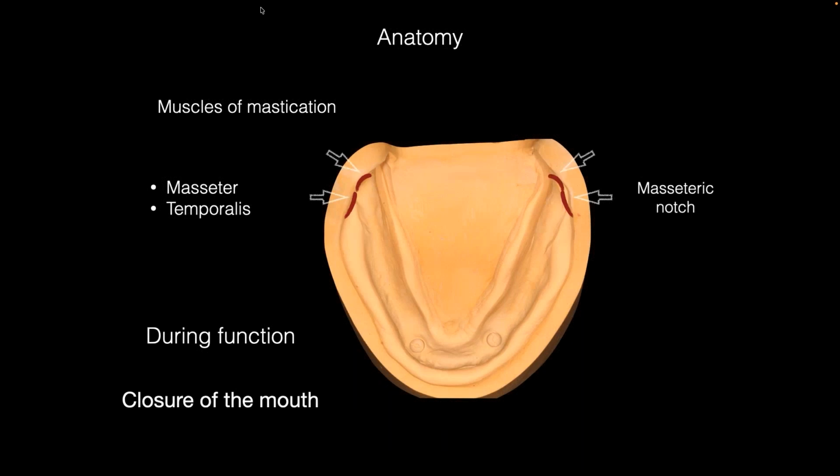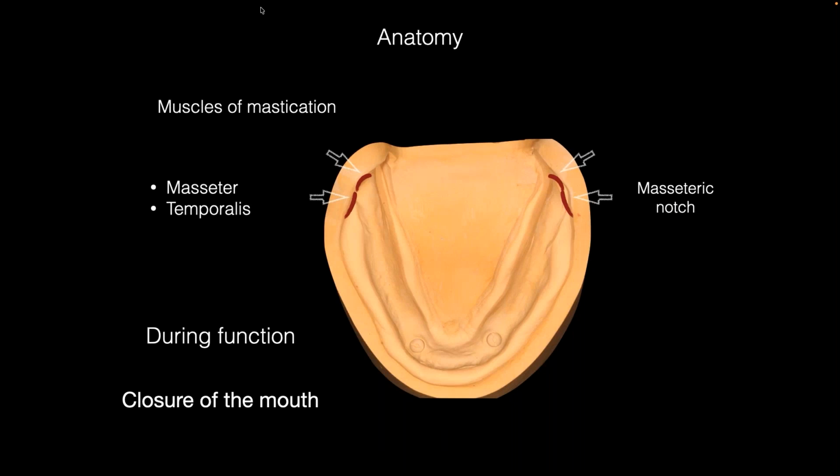Let's take a look at muscles of mastication. Well, the two that really matter in this topic would be the masseter muscle and the temporalis muscle, and both of them operate on the lower jaw. Okay, and there they are. That's where they live. That is the area where they affect our denture. During function, both these muscles are elevator muscles, so they close the mouth.